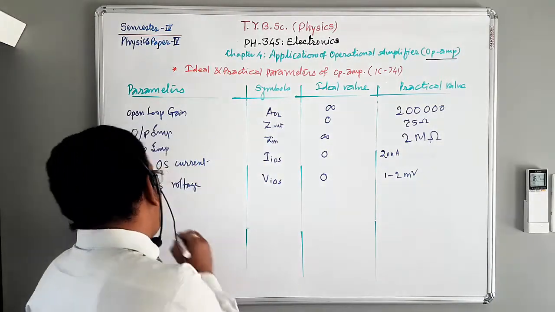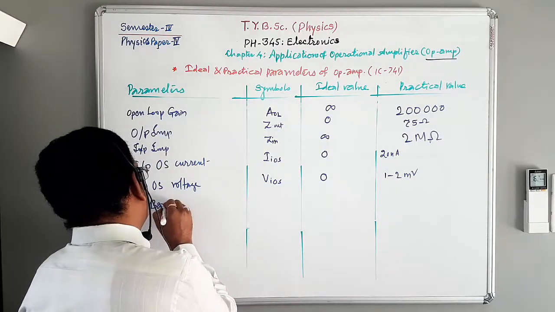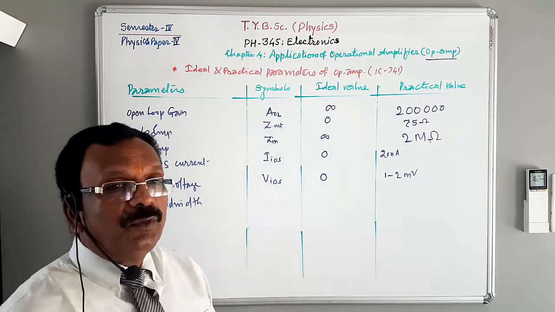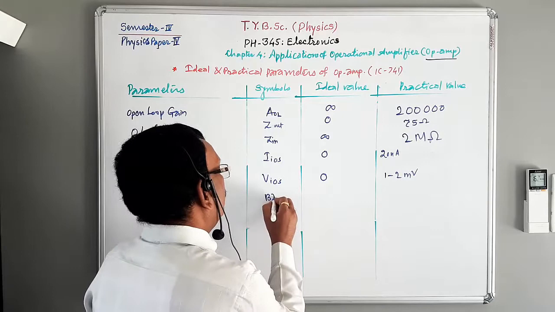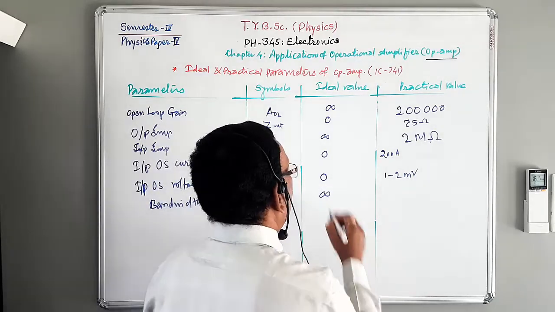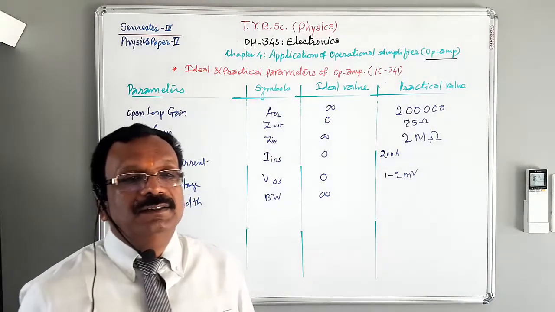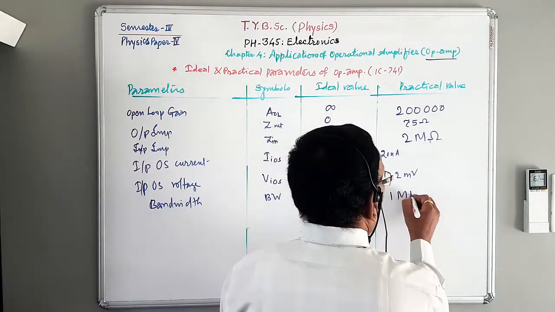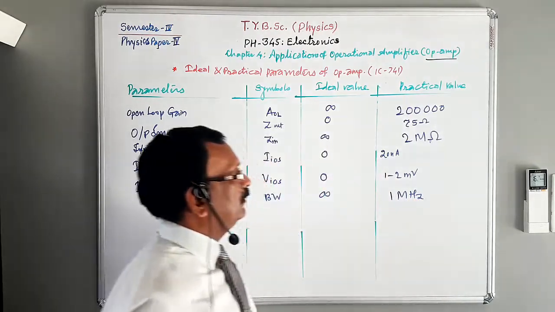Then bandwidth. Symbol for bandwidth is BW. Ideally it is infinite, but practically it is up to 1 megahertz.